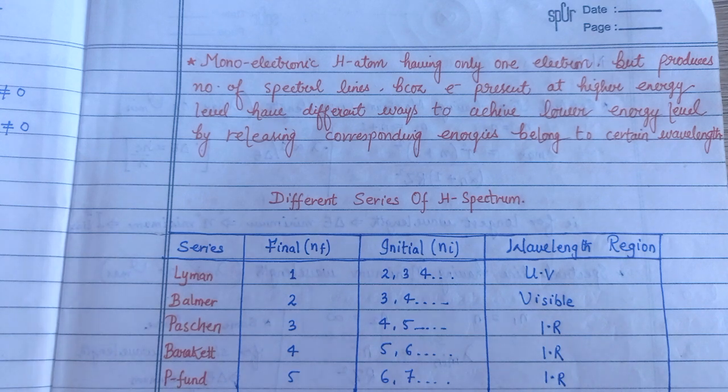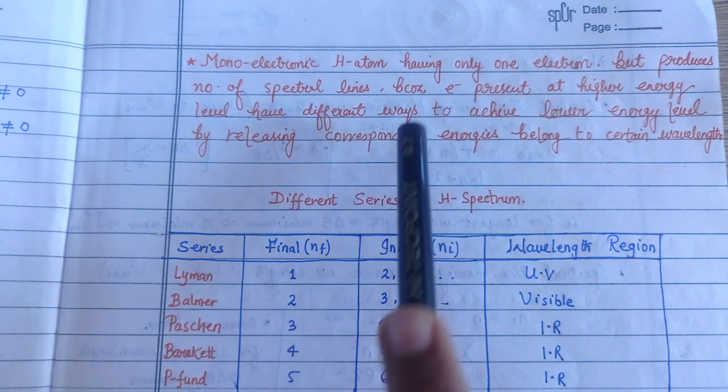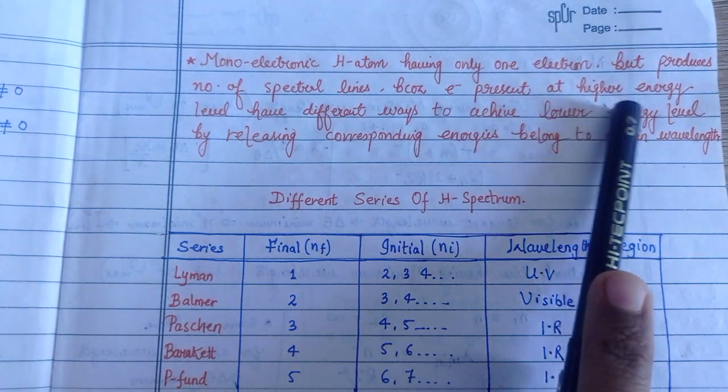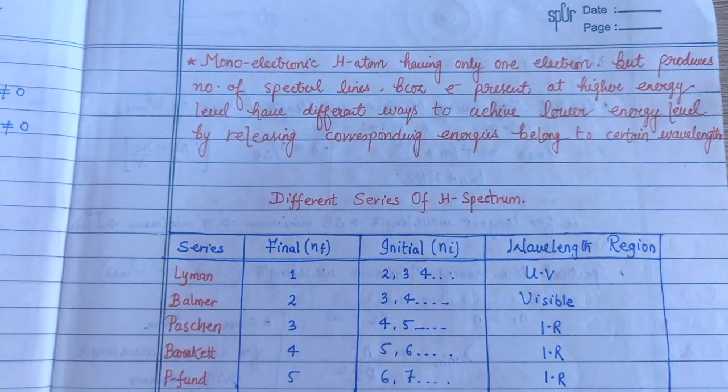Or even if you are Spider-Man, you can jump directly to the ground floor. So there are various ways to come from a higher energy level to a lower energy level. That is the reason hydrogen, having a single electron, produces so many spectral lines.